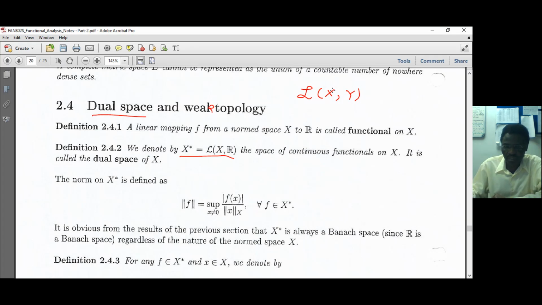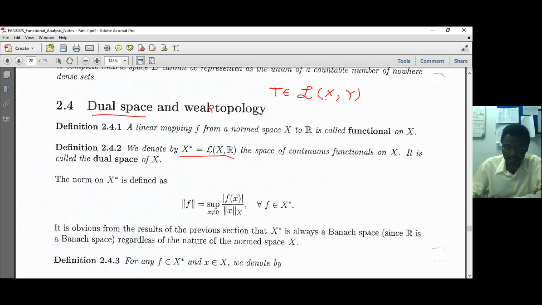If I call the operator T, this is the space. And in this space, we saw that we can define a norm, which is the operator norm, right?